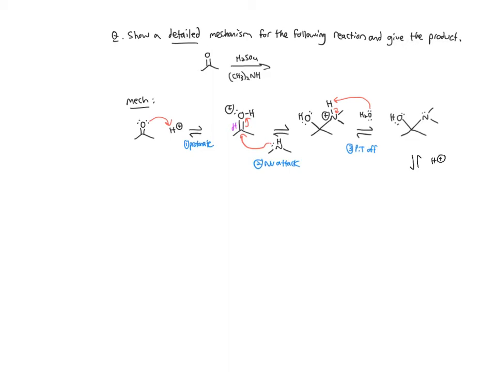So this one would be the proton transfer to the leaving group, which is the OH in this case. The OH is going to go grab that H, just like we've seen. This part of the mechanism is exactly the same so far. We're almost at our key intermediate.